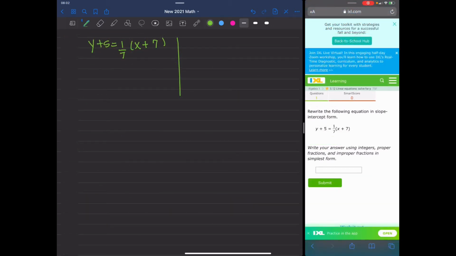Okay, so now we're going to rewrite the next equation. So y plus 5 equals 1 over 7 times x plus 7. I'm going to distribute the 1/7 into the parentheses on the right hand side. So then from here I'm going to get y plus 5 equals 1/7x.